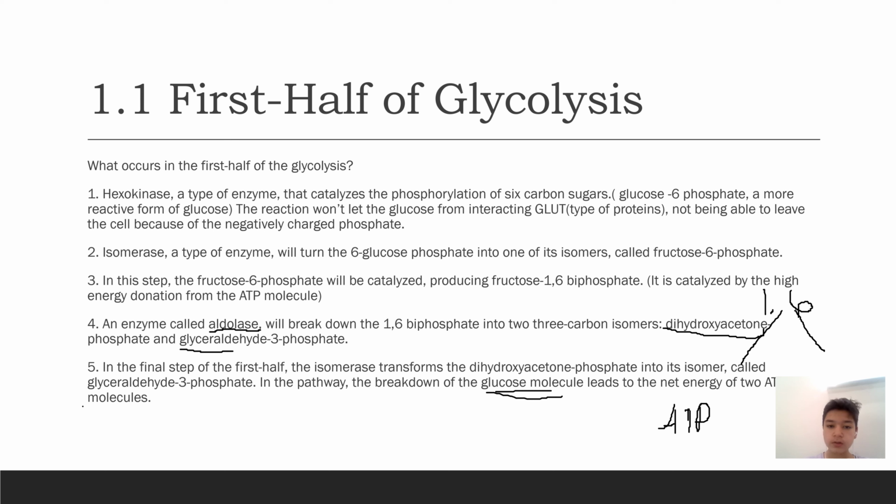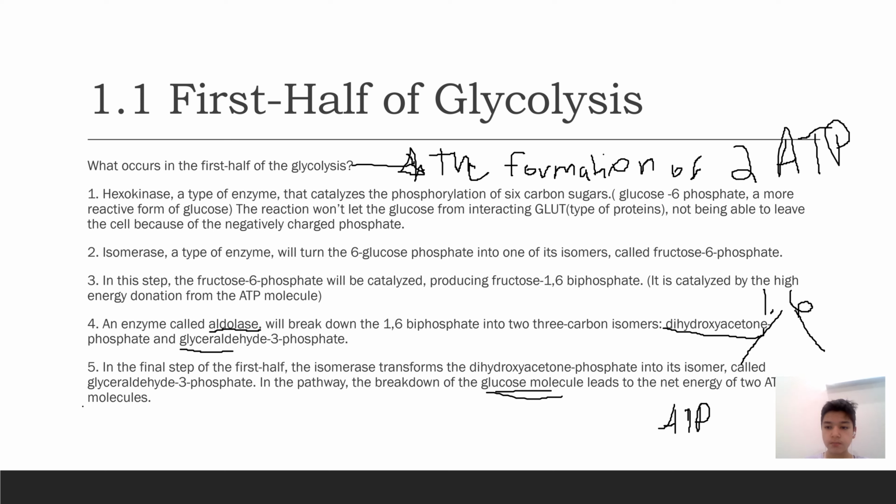So this is the first half of glycolysis. What mainly occurs in the first half, we're going to write down: the formation of 2 ATP molecules.